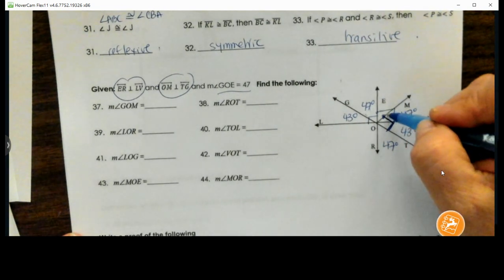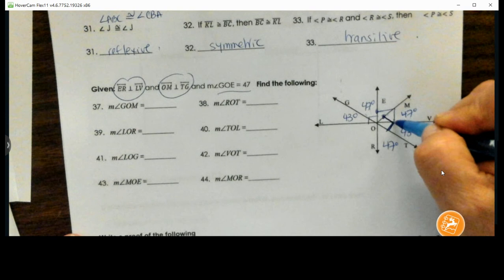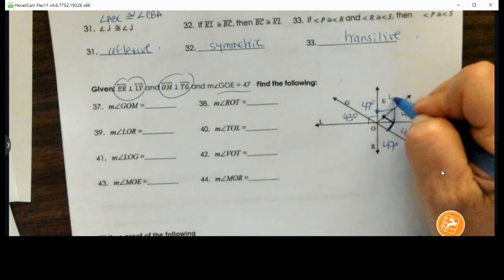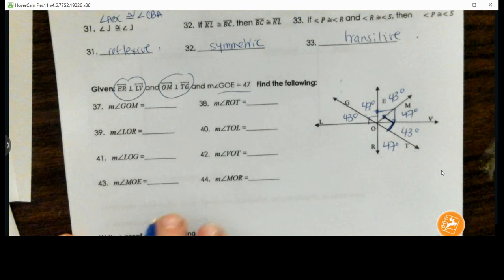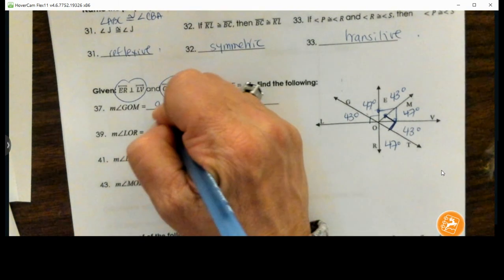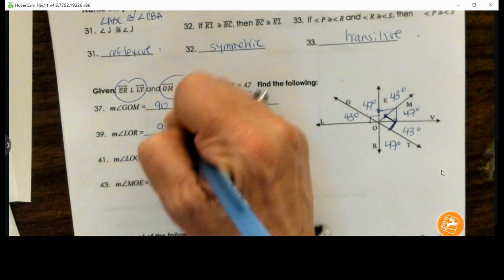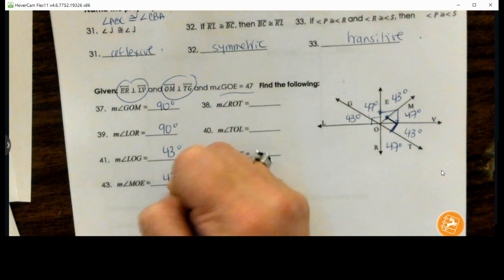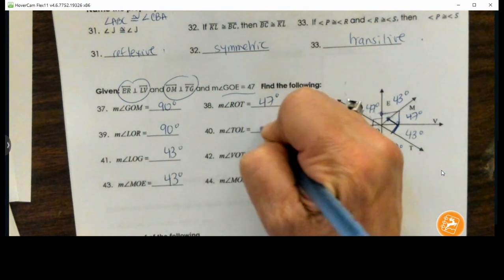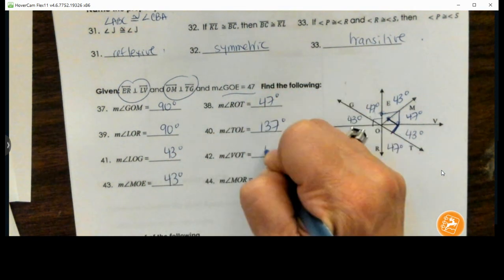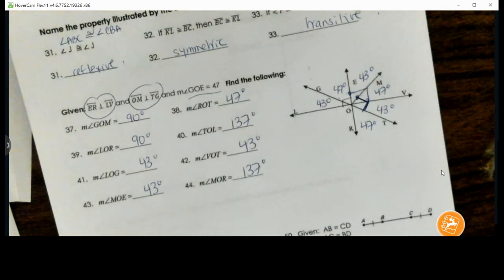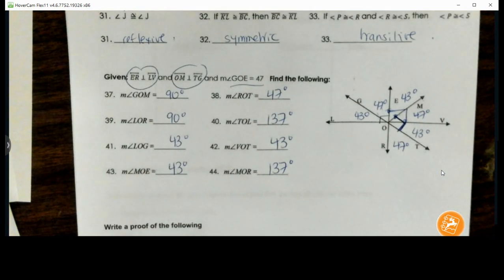And this is 43 because these two add up to 90. Let's write in our answers. I have 90, 90, 43, 43, 47, 137, 43, and 137. Okay, there we go.